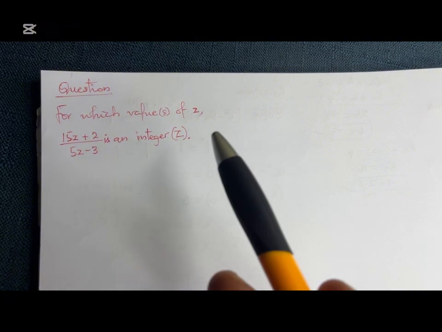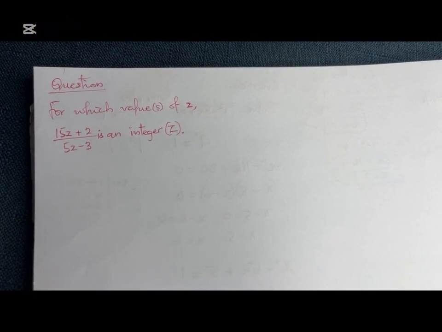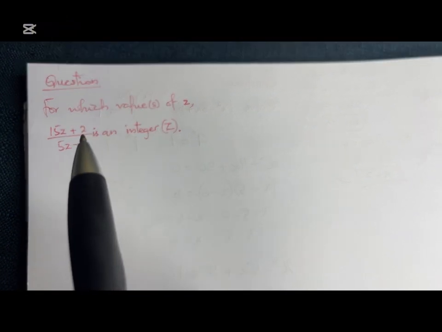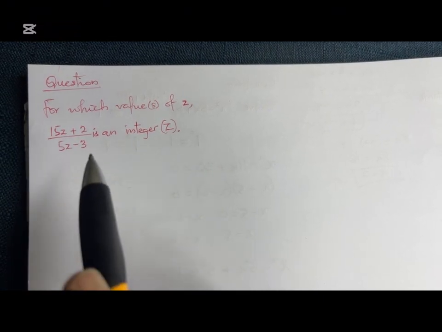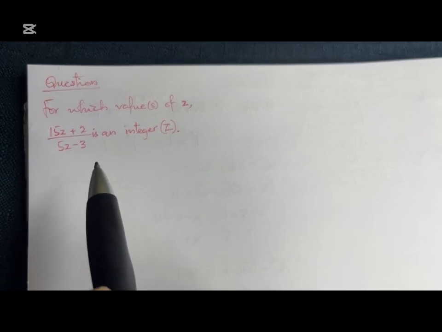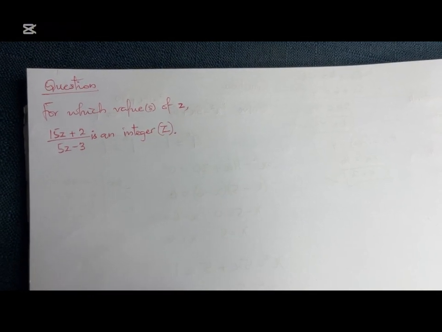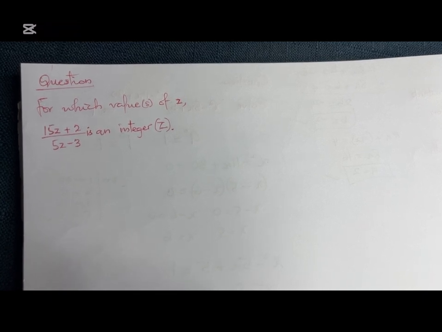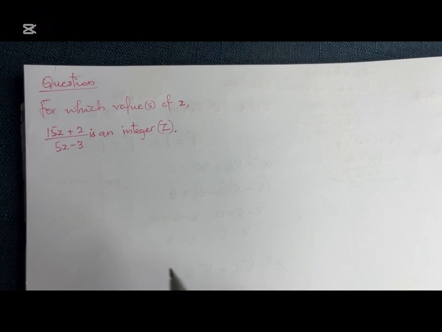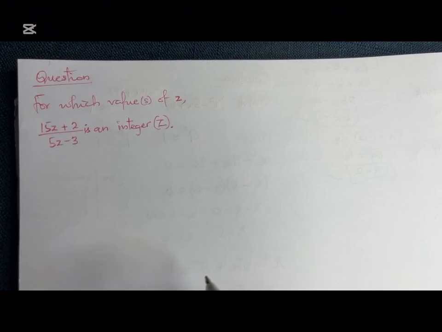Today we have: for which values of z is (15z + 2)/(5z - 3) an integer? Now we know that integers are all negative and positive values.